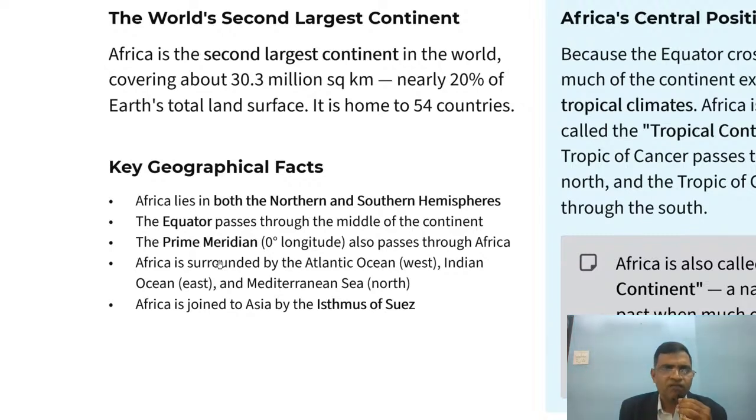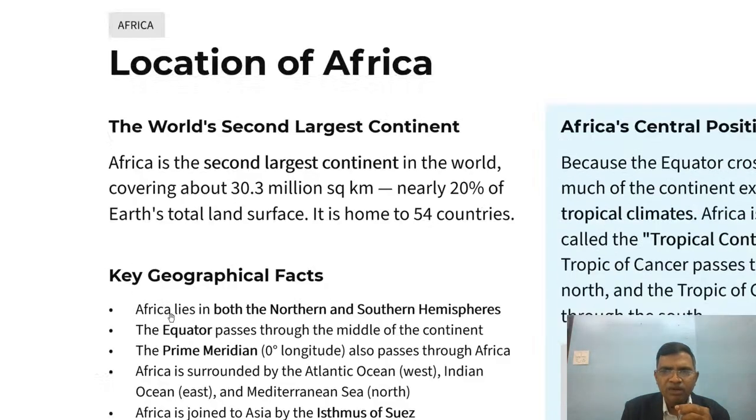Africa is surrounded by the Atlantic Ocean in the west, the Indian Ocean in the east and the Mediterranean Sea in the north. You have to remember this when you check the map. Africa is joined to Asia by the Isthmus of Suez. So this is the thing.